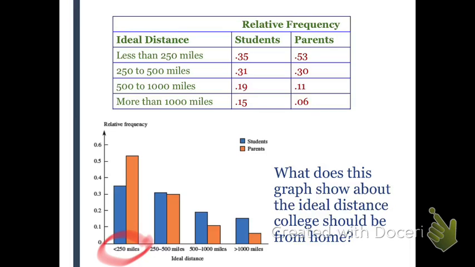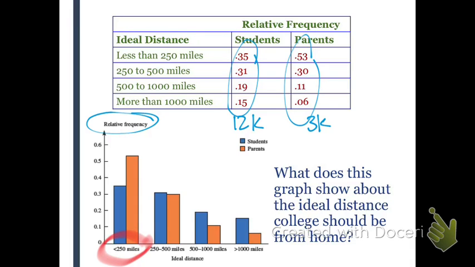So you base it off the relative frequency, not the actual number. Because if we go back to the slide before that, there were like 12,000 students and 3,000 parents.